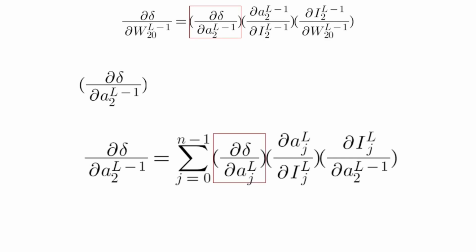For the first term in this summation, we use the activation output of the nodes in the output layer because they directly influence our loss.